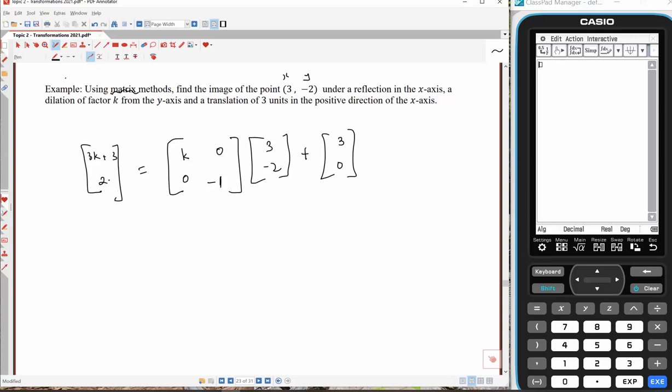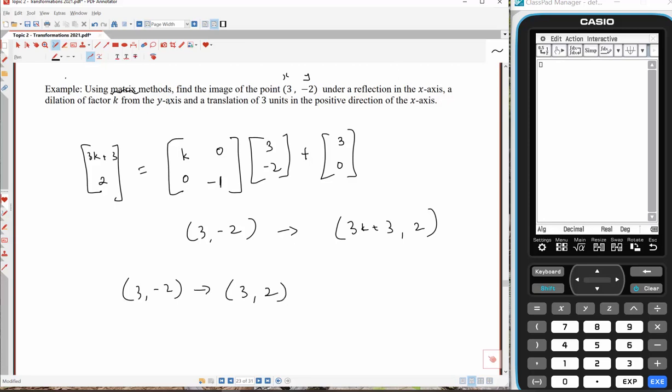Okay, so we've got our transformed points. So 3 comma negative 2 will map to 3k plus 3 comma 2 after these transformations. Now that's using matrix methods. We can also do a point-by-point transformation. So 3 comma negative 2 maps to, reflection in the x will negate y, so 3 comma 2.